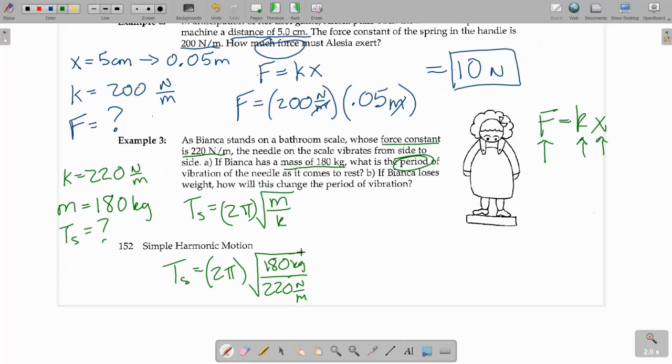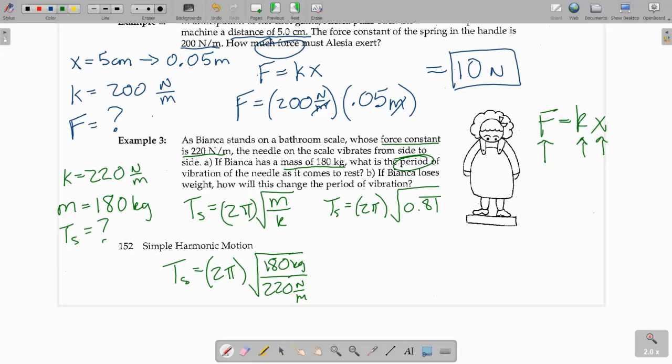Okay, so we'll do this step by step. Let's start by doing 180 divided by 220. Okay, so that's going to give us 2 pi times the square root of 0.81 repeating. Okay, so that's just 180 divided by 220. We leave that inside of the square root there.